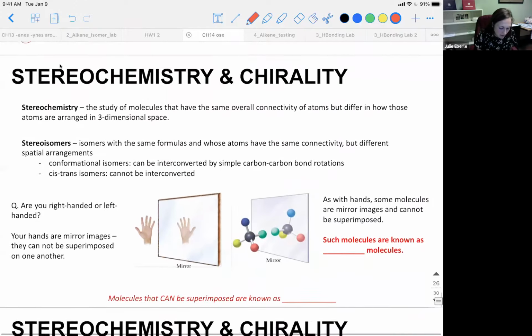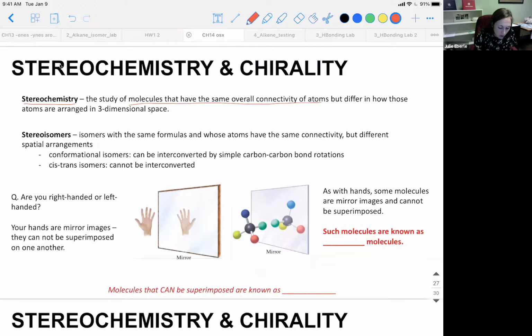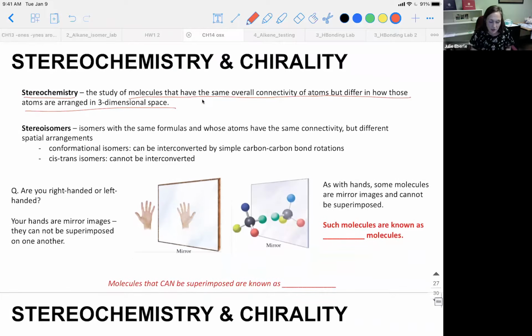Stereochemistry is what? It's the study of molecules that have the same overall connectivity of atoms but differ in their 3D arrangement. So they just have a different 3-dimensional arrangement, that's all. Stereoisomers are isomers with the same formulas. Atoms have the same connectivity, but again, different 3D arrangements.